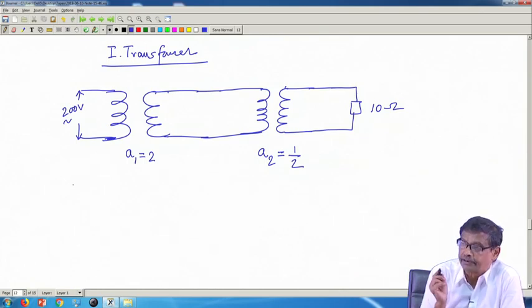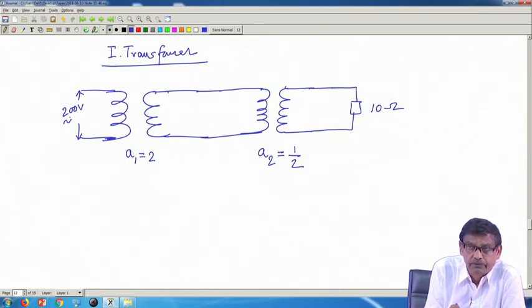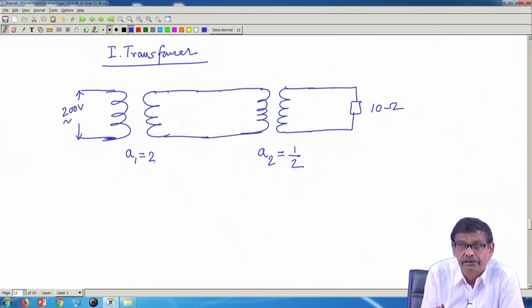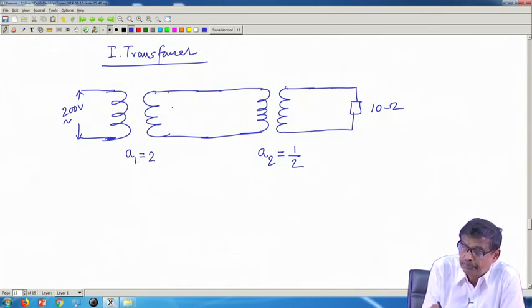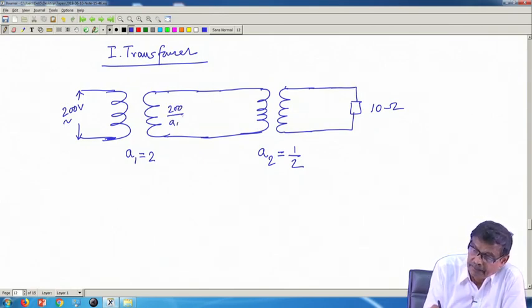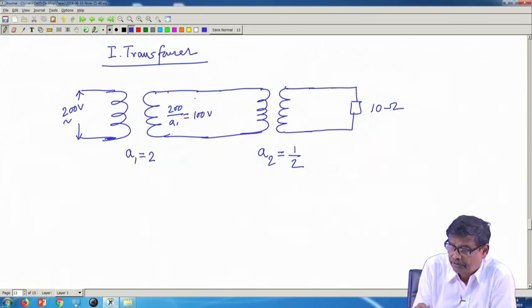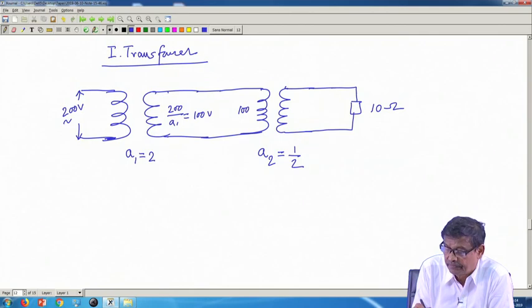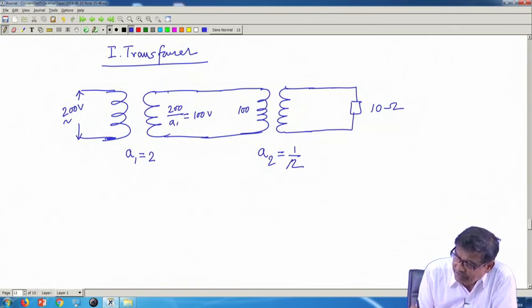I want to find out the currents. If you have applied 200 volt, and the ratio is this, what will be this voltage? 100 volt, because V1 by A1 will come here. So, this will be 200 by A1, which is equal to 100 volt. So this 100 volt is applied to this transformer, and suppose we consider this to be a 1 by 4 turns ratio.